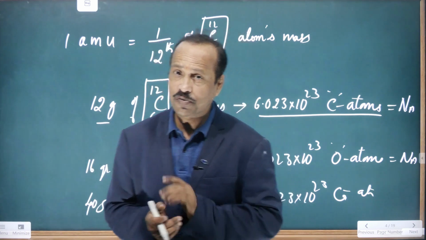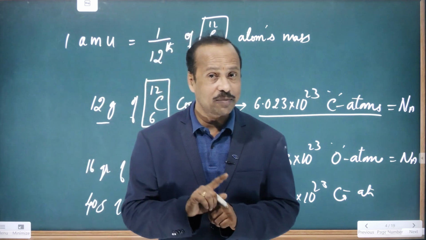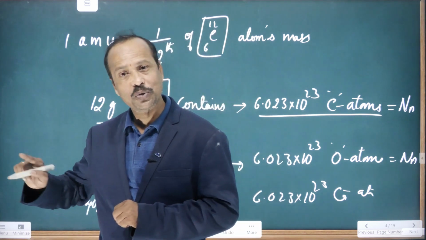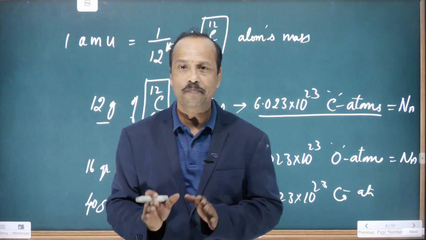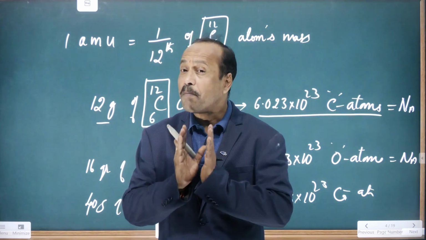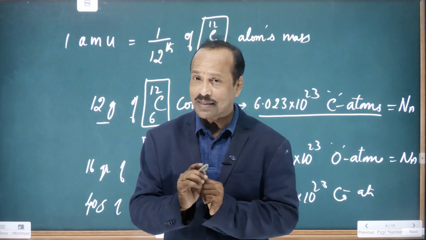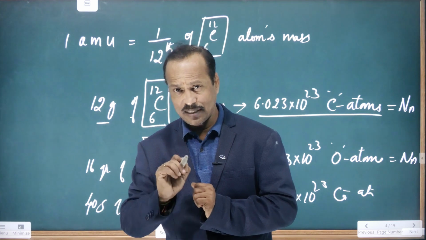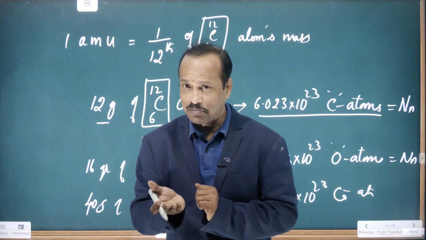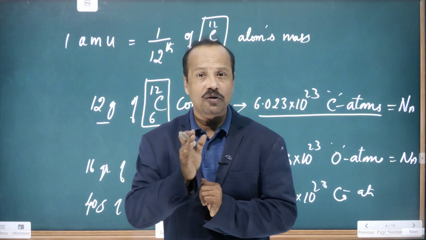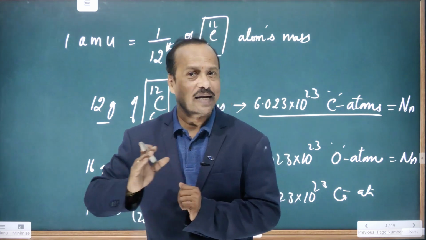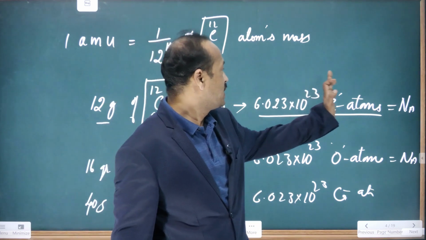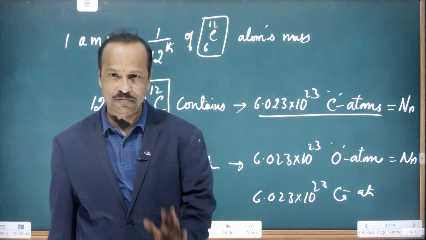If I take helium, atomic mass is how much? 4. So meaning is what? 4 grams of helium contains 6.023 into 10 to the power of 23 helium atoms. So their mass number, if you express it in grams, that many grams of that particular atom contains 6.023 into 10 to the power of 23 atoms.